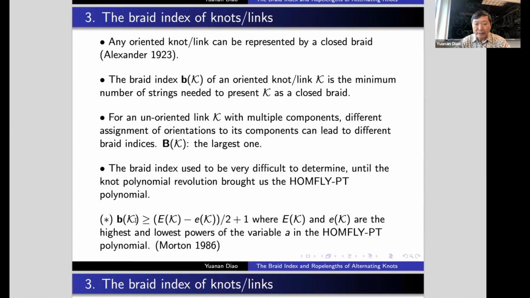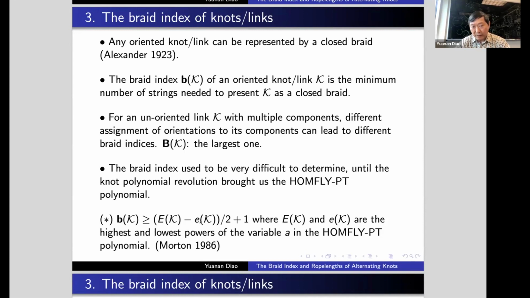For any oriented link K, its braid index is bounded below by this bound. This capital E of K is the highest power of the variable A. The HOMFLY polynomial has two variables, A and Z, and this is one of the variables, A, right? The capital E of K is the highest power.